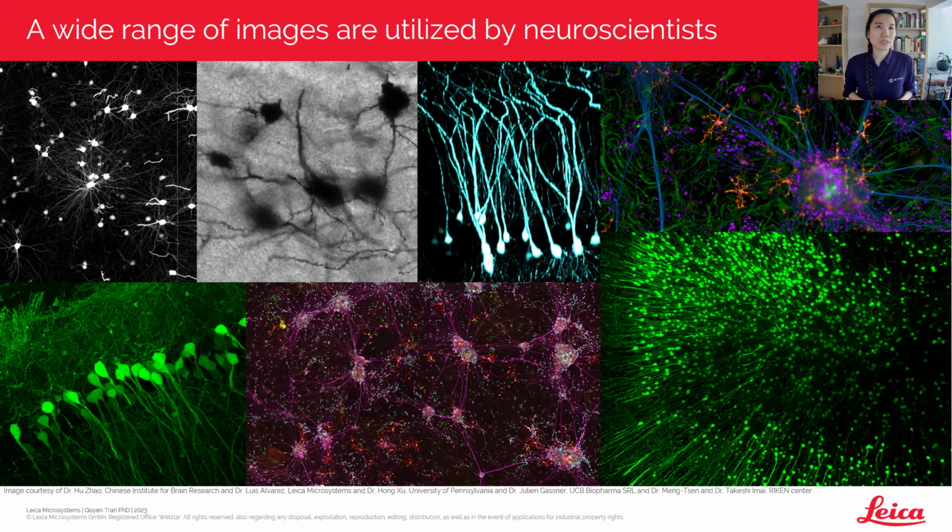Now, we know that neuroscientists use a broad range of imaging modalities, such as fluorescent-based or Golgi-stained images. And they're trying to capture neurons in a wide range of different environments, including environments that have sparse versus dense neuron networks.